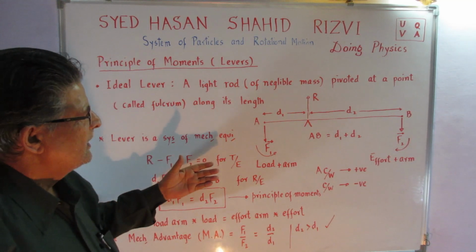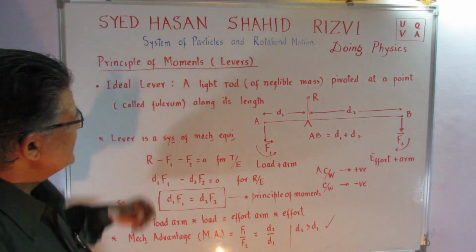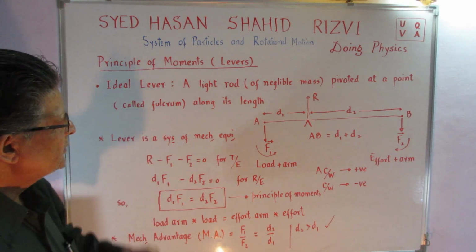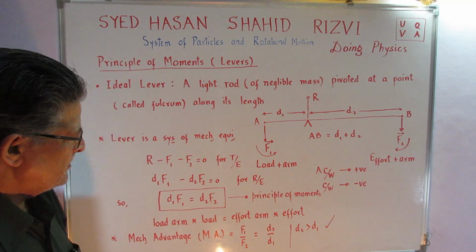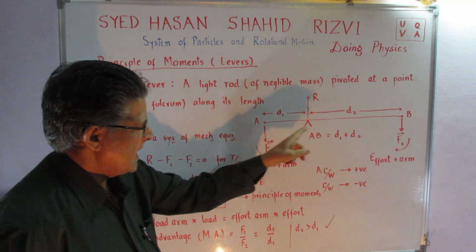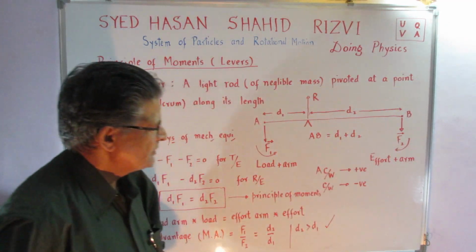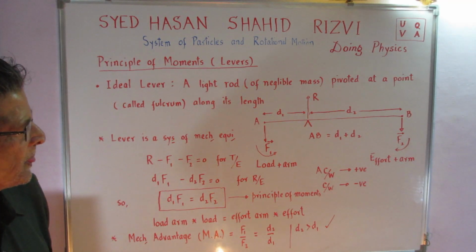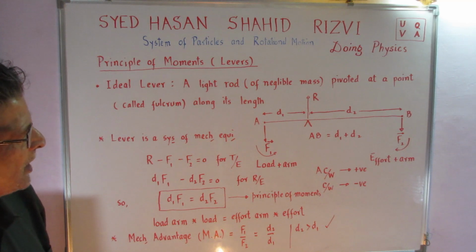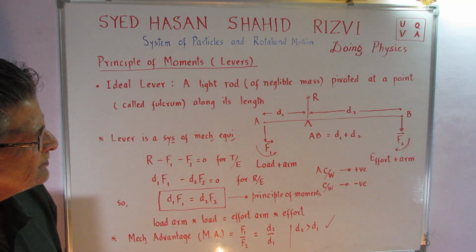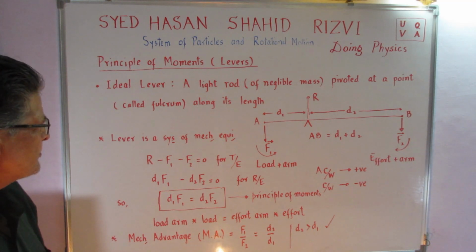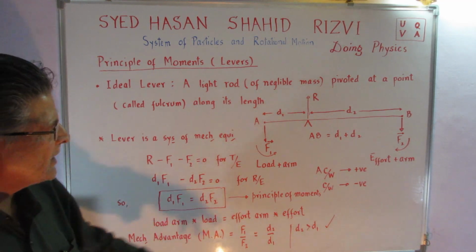Ideally we talk about a light rod. AB is a light rod of negligible mass pivoted at a point called fulcrum.